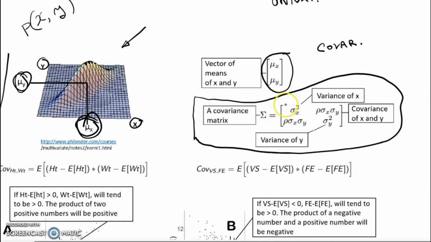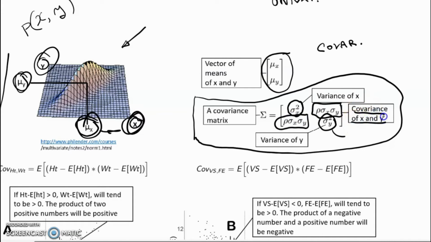So, if we look at the covariance matrix, it's got these components. This is the variance of the x random variable. This is the variance of the y random variable. And in these corners, we have identical entities which reflect the covariance of x and y.